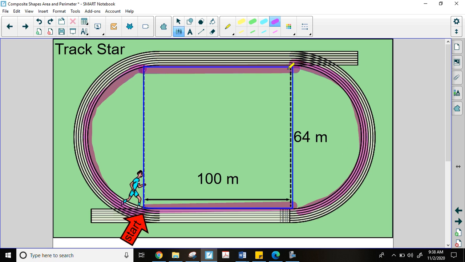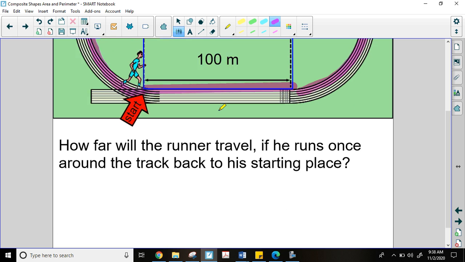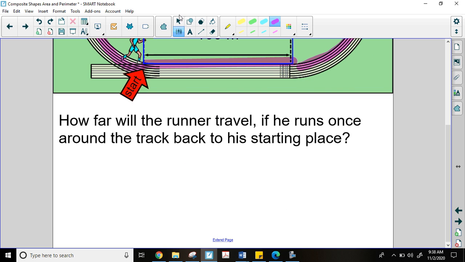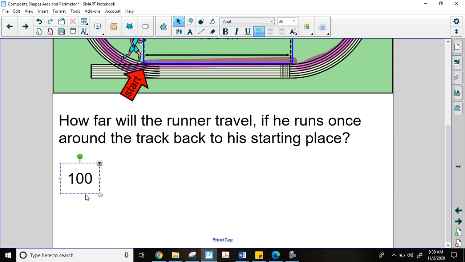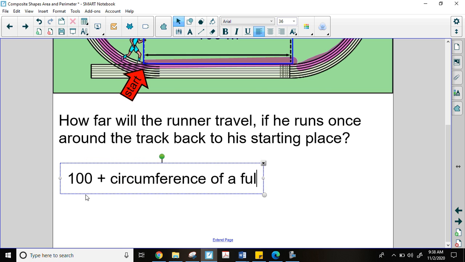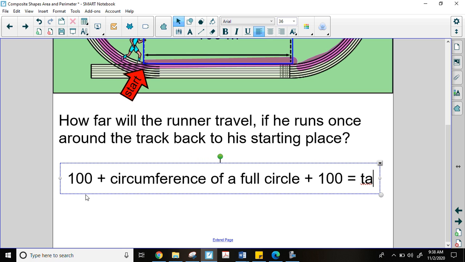So if we were to take 100 plus a whole circle plus this 100, we could find the distance around. So 100, whoopsie-daisies, let's move this down so you can see what I'm writing, plus circumference of a full circle plus 100 equals distance, track.